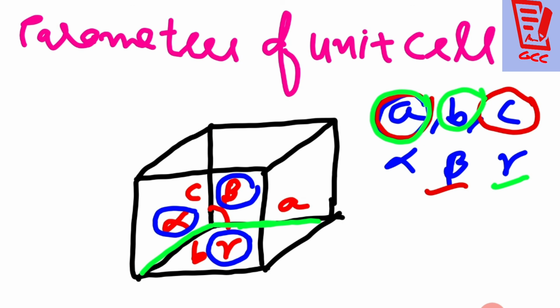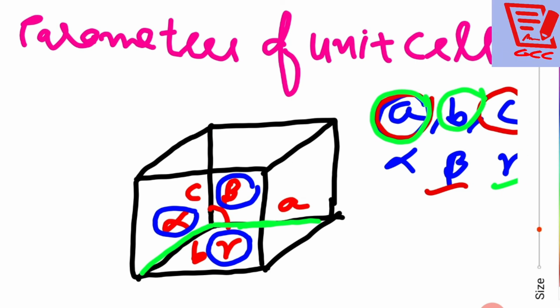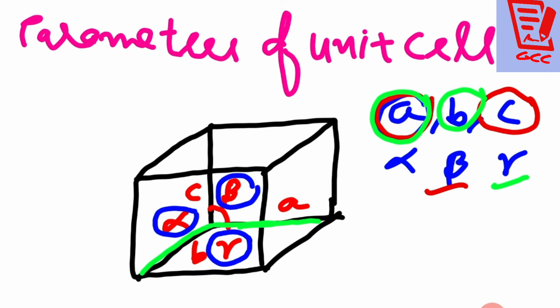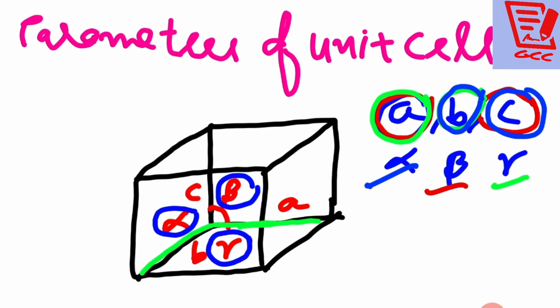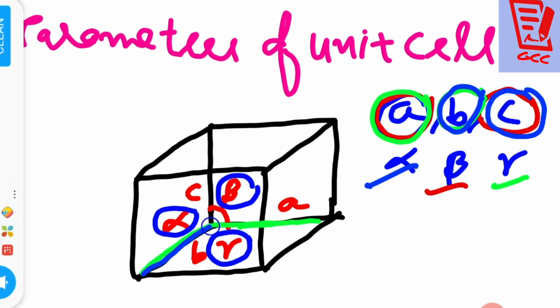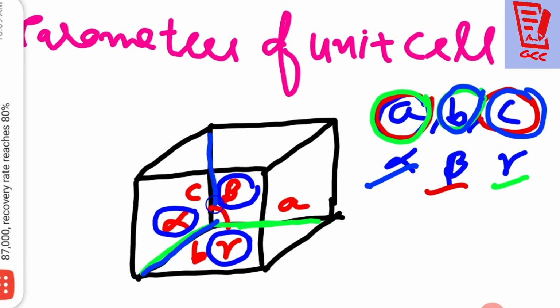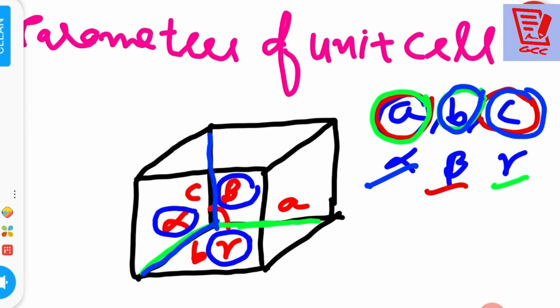Okay, now the angle between B and C. Between B and C the angle will be alpha. You can see there, this is B and this is C, and the angle is alpha. Clear?